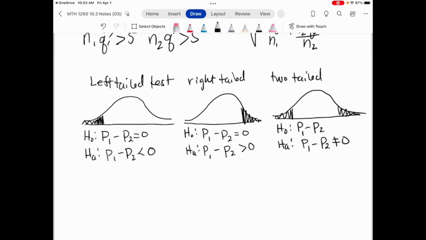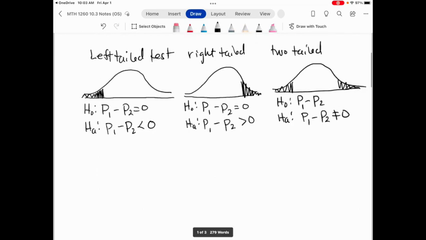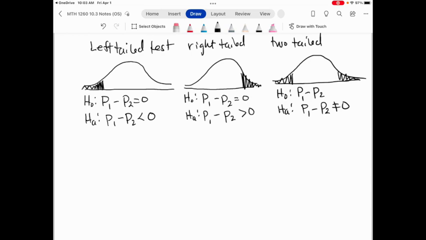Now, remember, there's different ways that you can write this alternative hypothesis. You could write the alternative hypothesis for left-tailed test as p1 is less than p2. If p1 minus p2 is negative, then p1 has got to be smaller than p2.